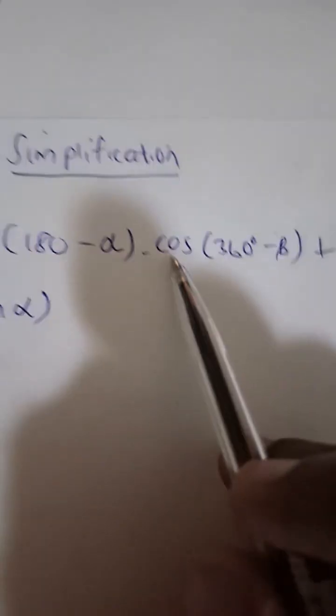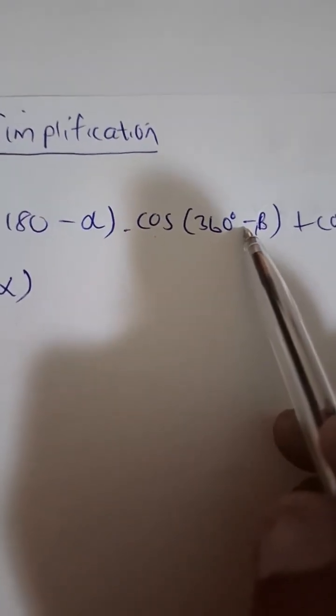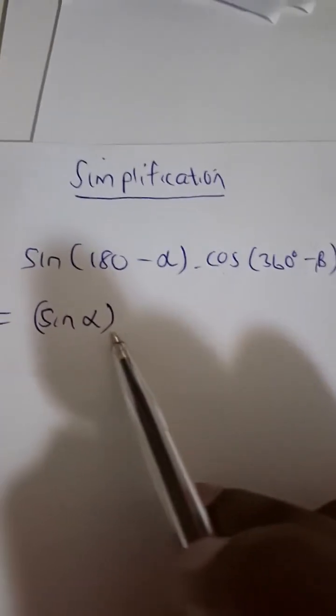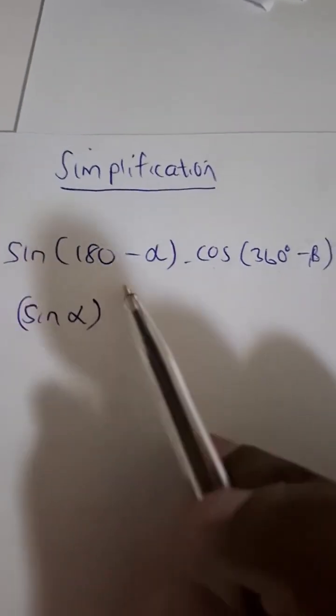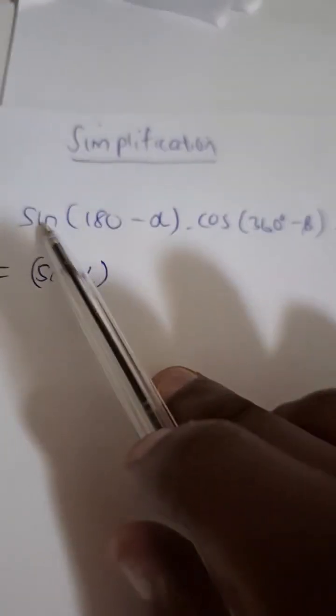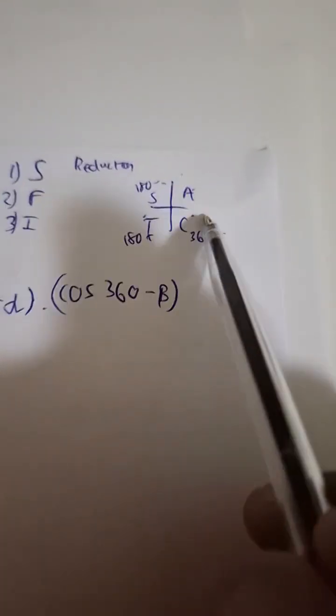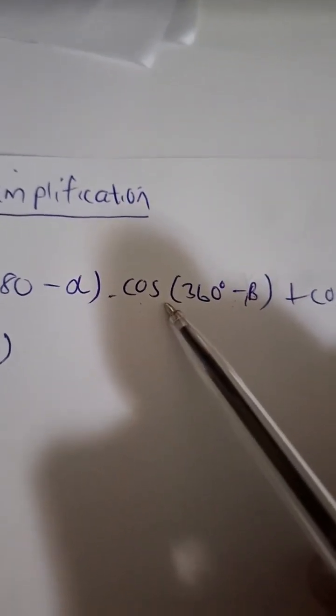Then we move on to the next function value, cos of 360 minus. Remember, this dot stands for multiply, so by putting it in brackets you further emphasize the multiplication relationship between sine and cos. 360 minus beta is in which quadrant, guys? 360 minus is in the fourth quadrant. How is cos in the fourth quadrant?